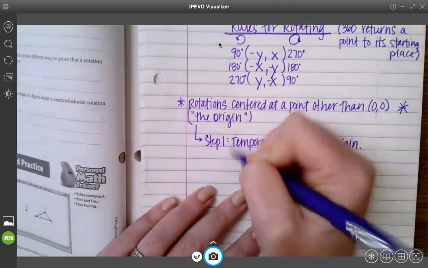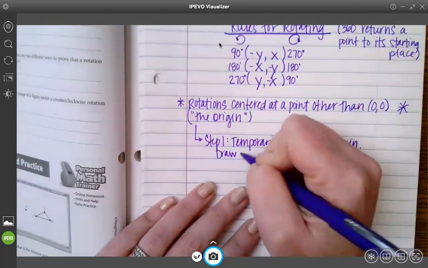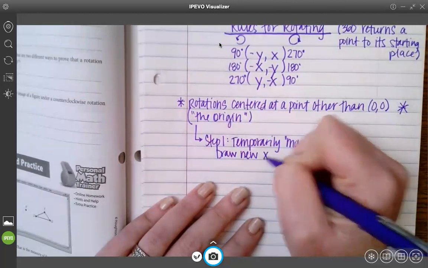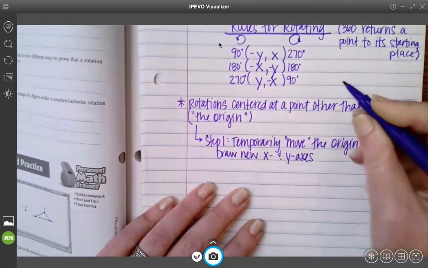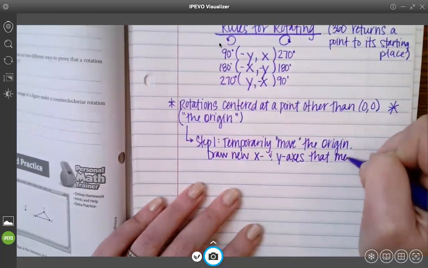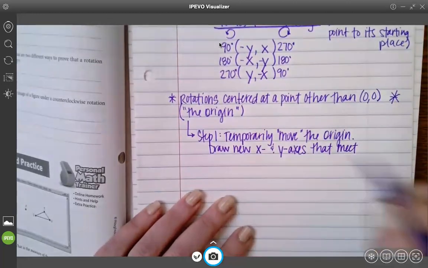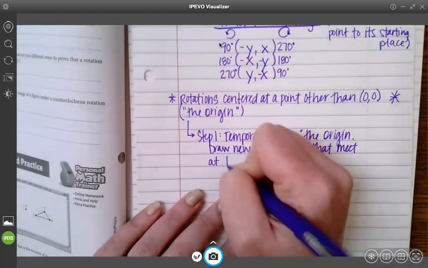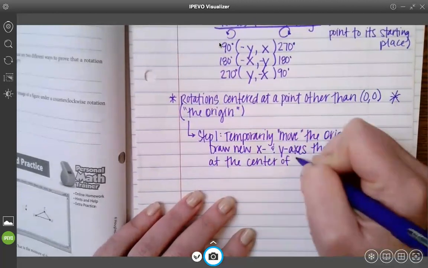The way you're going to do that is you're going to draw or imagine new X and Y axes that meet at the point where the rotation is centered. So draw new X and Y axes that meet at the center of rotation.